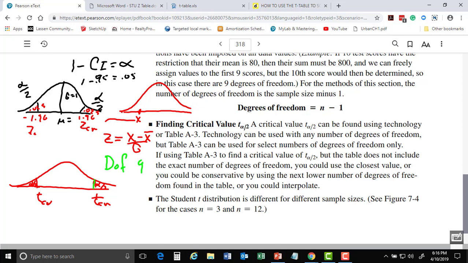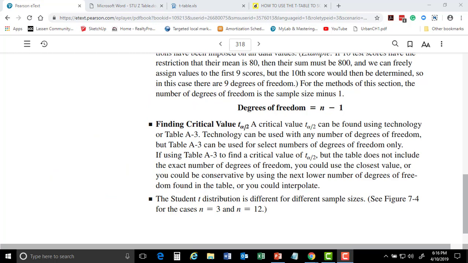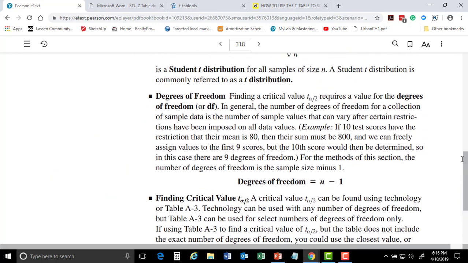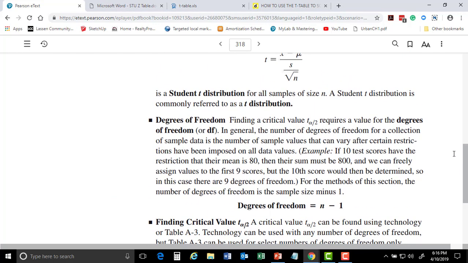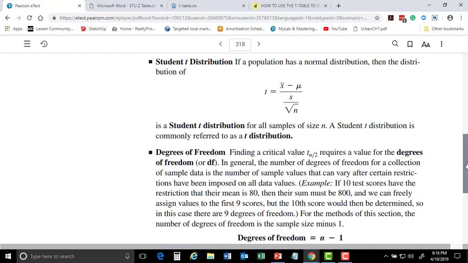But I'm talking about what percent confidence we're looking for. 95, 90, you know what I'm saying? Let me go up here and see what they're asking for. Oh, look, this is what they use. This is the equation x minus mu divided by s divided by square root of n. You see? Instead of a z-score, you get a t-score.